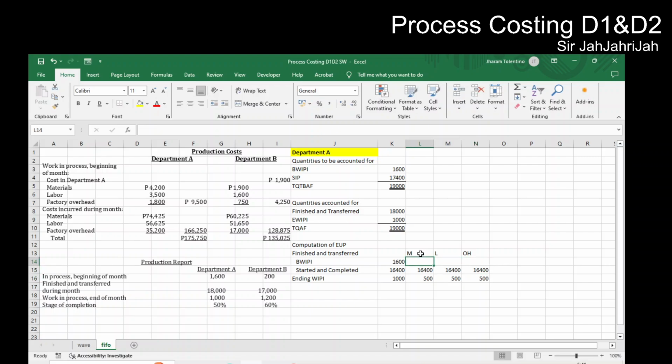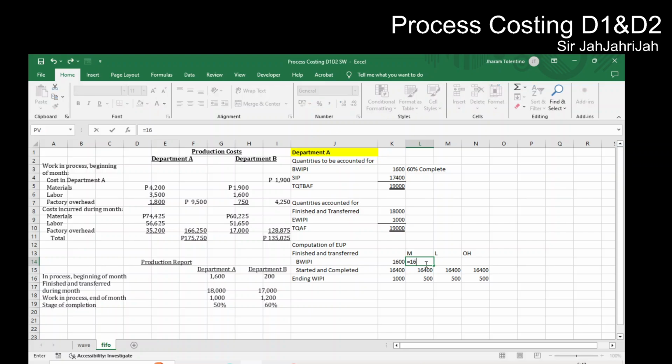The problem with this one is we don't have the beginning work in process inventory percentage yet. So we should assign, what if the beginning work in process inventory here is, let's say, 60% complete. If it is 60% complete, and it is part of the finished and transferred, we have work for an additional 40%.